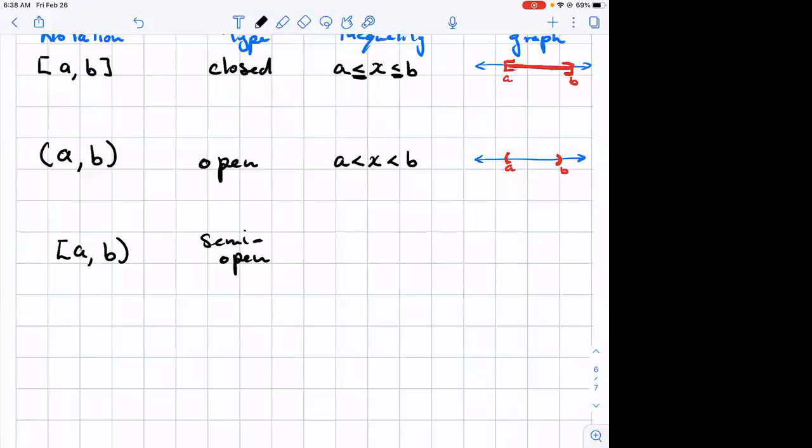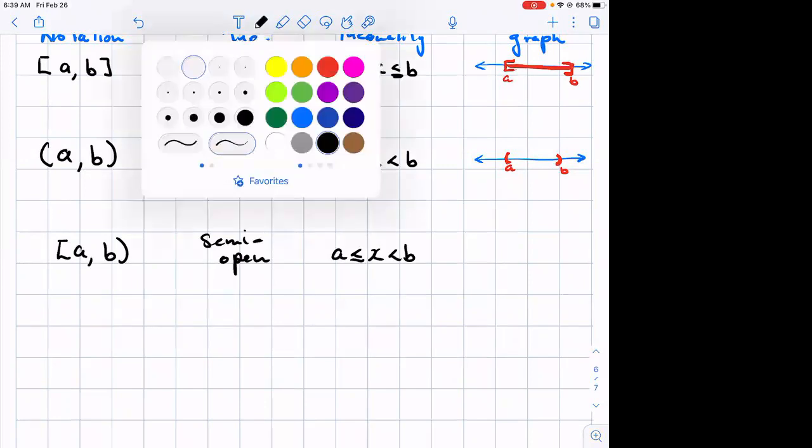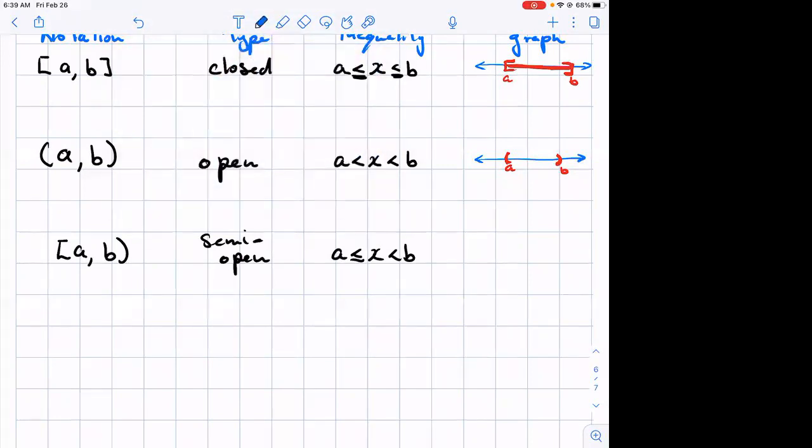I don't see that in the textbook. Here we say x is less than b, but greater than or equal to a. On a graph, only one side will have the bracket. Here we have A, and here we have B. Since the side A contains the equal, that will have the bracket. B does not, so we have a parenthesis.